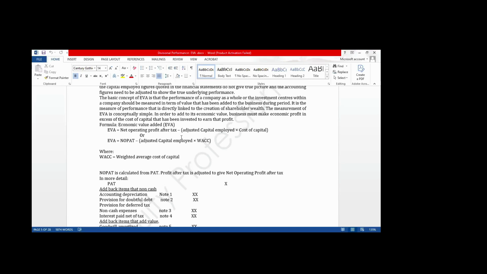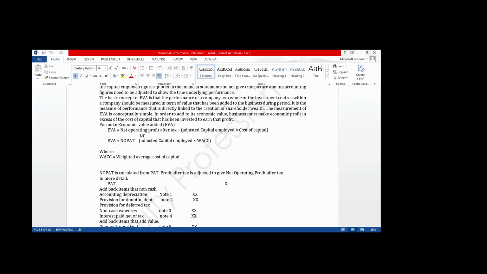We now explain how to determine your net operating profit after tax, otherwise known as the NOPAT.